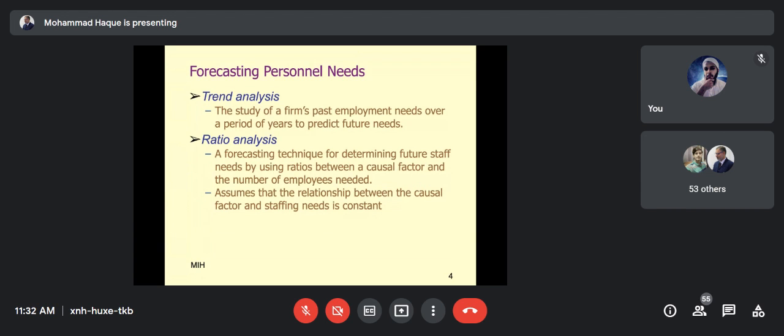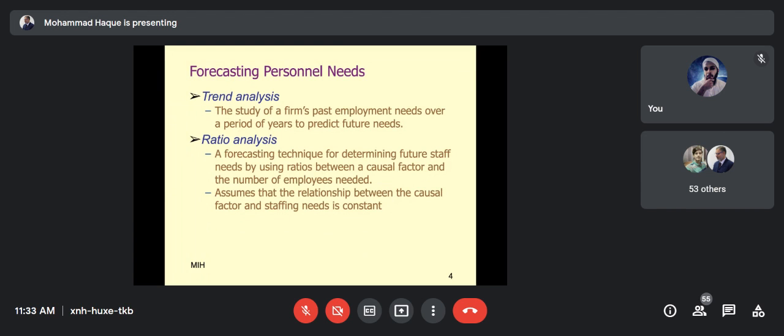This is called ratio analysis. Ratio analysis is a forecasting technique for determining future staff needs by using ratios between a causal factor and the number of employees needed. These causal factors relate to business variables.